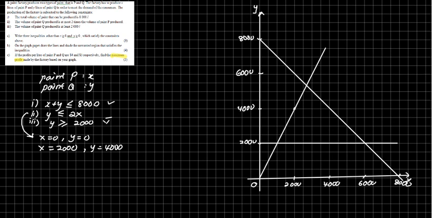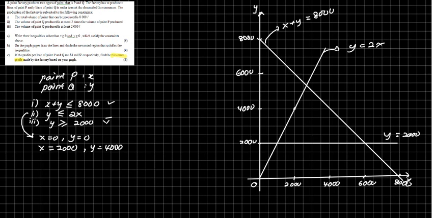Don't forget to label the lines. This graph is x plus y equals 8,000, this is y equals 2x, and this is y equals 2,000. Then you need to shade the unwanted region.